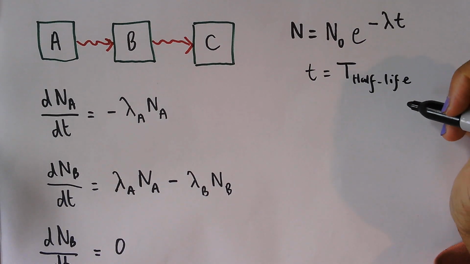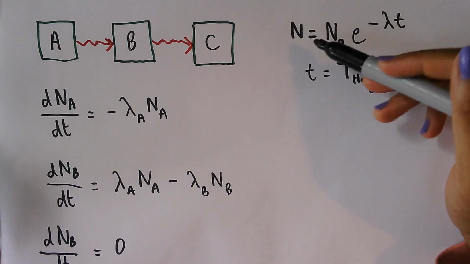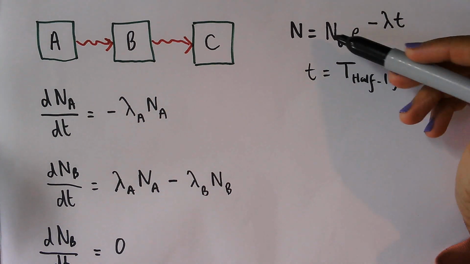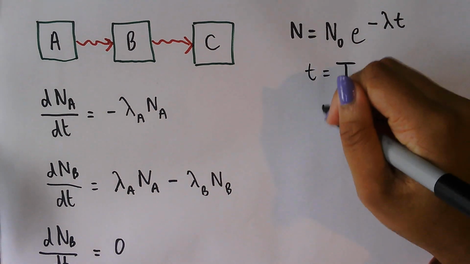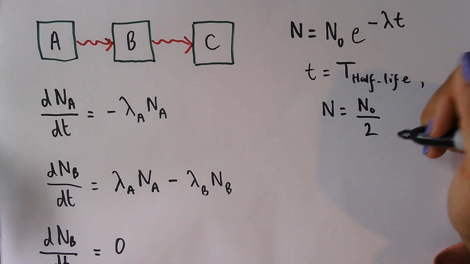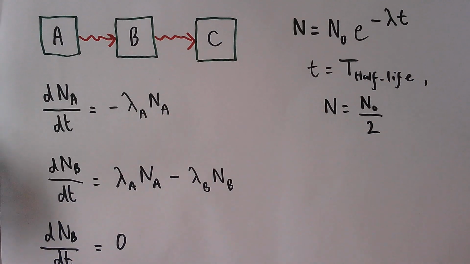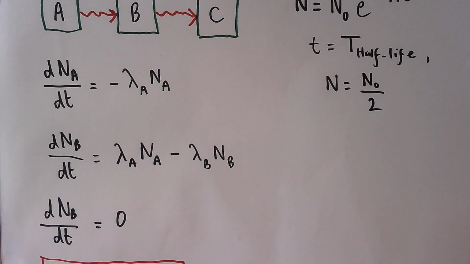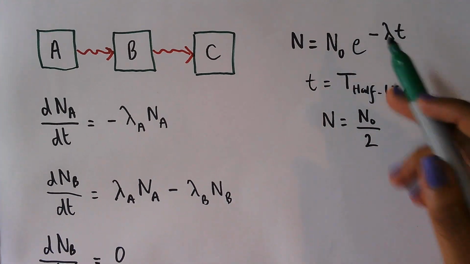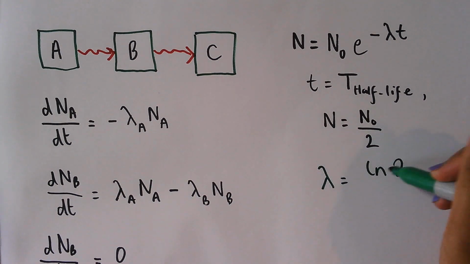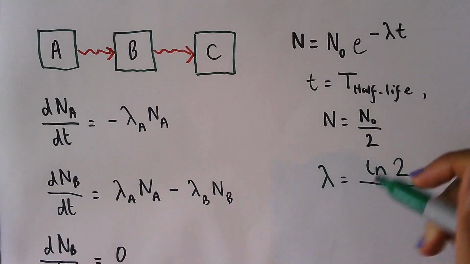we know that after one half-life has passed, the number of nuclei left in the sample is going to be exactly half of what there was initially. So when t equals t half-life, N is equal to N0 over 2. If we use this, after some calculations we can show that lambda, the decay constant, is equal to ln, the natural log of 2, over t half-life.